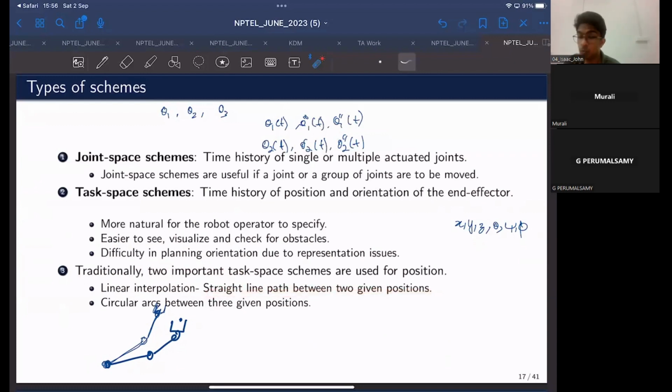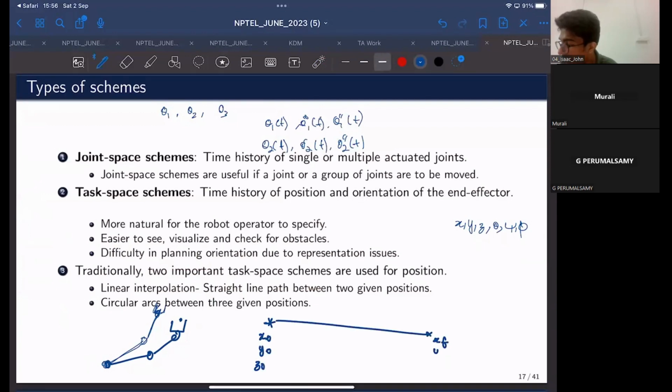What that essentially means is that if we have an initial position defined by x0, y0, and z0, and we have a final position in terms of xf, yf, and zf, then a straight line interpolation essentially means it'll plan a straight line between the initial position and the final position.